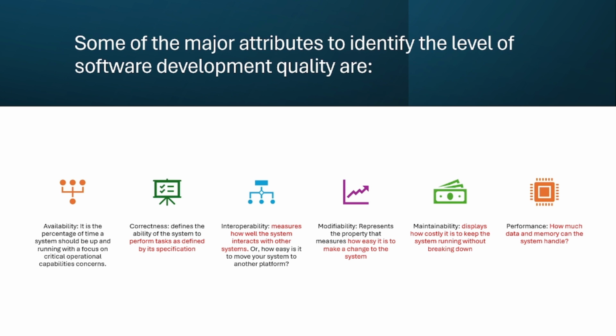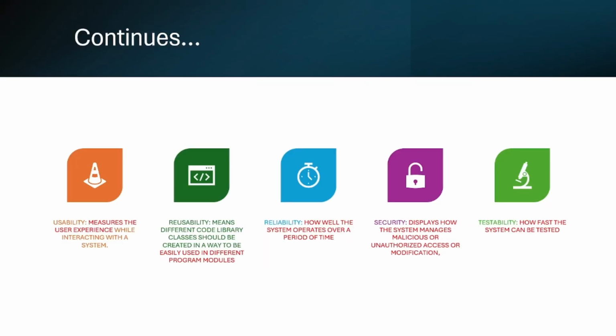The next slide, we have more major attributes like usability, which measures the user experience while interacting with the system. And we have reusability, which means different code library classes should be created in a way to be easily used in different program modules.